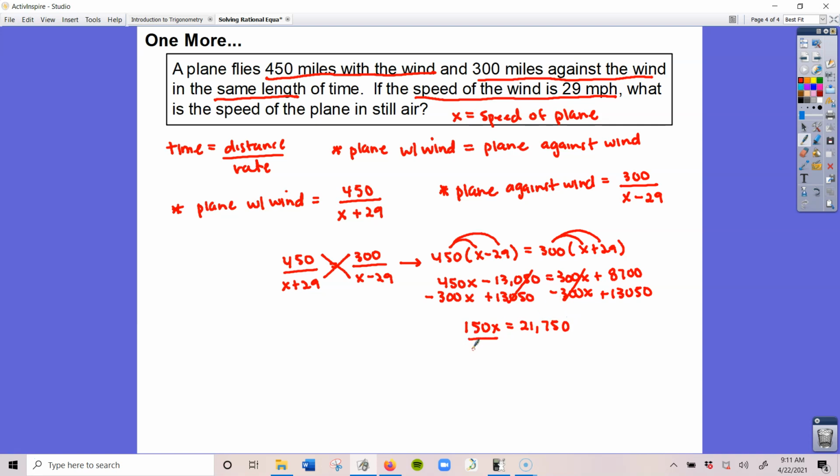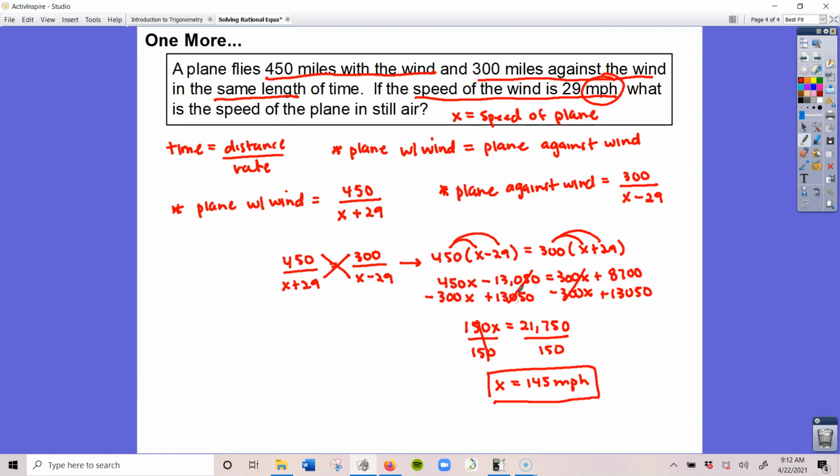Our last step would be to divide by 150. And we get that x is equal to 145. And our units here would be miles per hour. So that would be the speed of your plane.